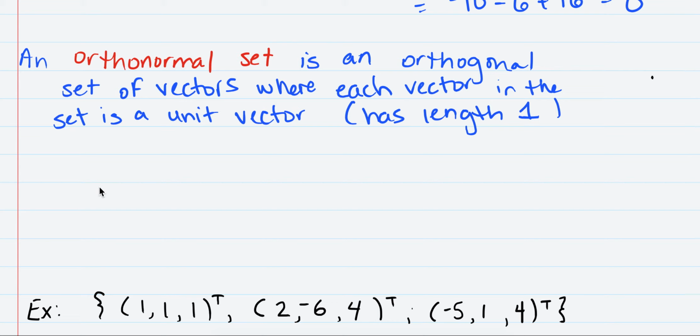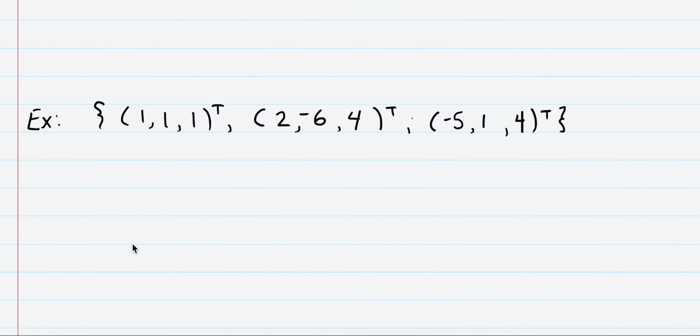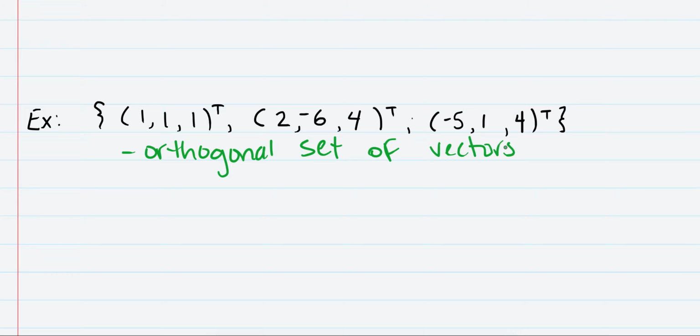Okay, so let's look at an example. Here we already showed that this set is an orthogonal set of vectors. We want to make this set an orthonormal set. So if this is V1, this is V2, and this is V3, well, all we need to do is divide each vector by its length, and that's just multiplying a vector by a scalar.